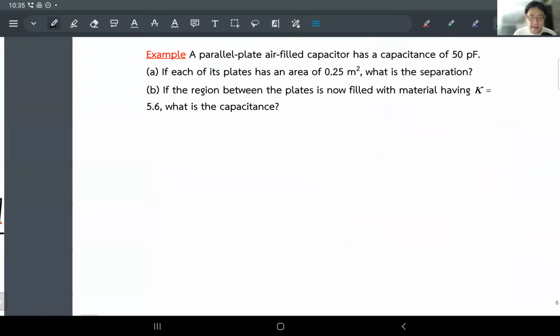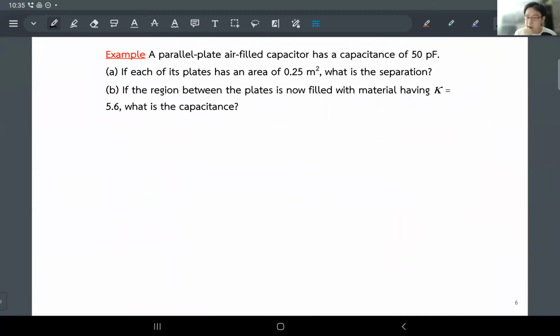All right. So let's take a look at what will happen in terms of the question that we can analyze. You have a parallel plate air-filled capacitor that has a capacitance of 50 picofarad. Pico over here is 10 to the negative 12. Now each of its plates has an area of 0.25 square meter.